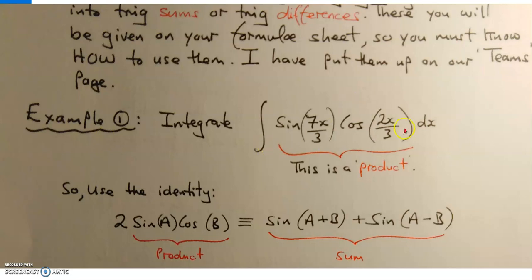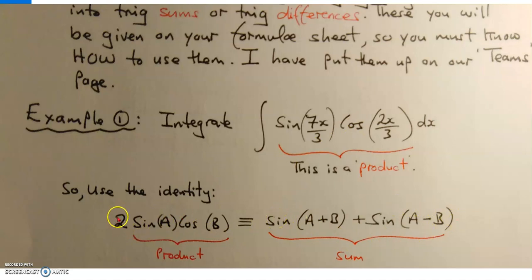Let's look at this first one briefly. You're being asked to integrate a product of sine multiplying cosine. This is sine of 7x over 3, which is an angle, and this is the cosine of 2x over 3, which is a different angle. When you've got sine multiplying cosine, you use this identity to split it up.